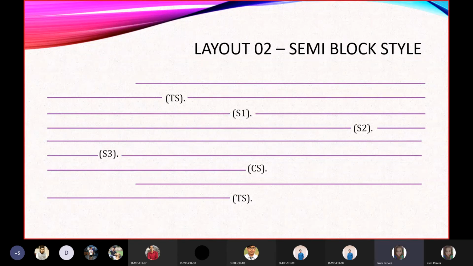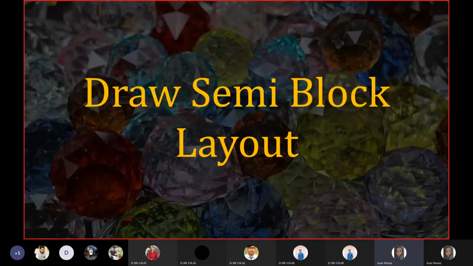This is semi-block layout. 02, semi-block layout is on the screen. I think you can watch it. R29 has just shared his semi-block layout. You can watch it too. If you can't watch the screen, 29 has just sent his semi-block layout. You can look at it and then understand.